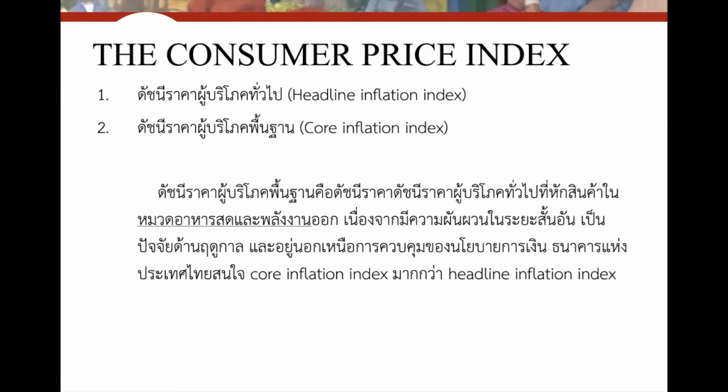The first is food, especially fresh food like meat and vegetables, and then energy. We remove these and we get the core inflation index. So you may distinguish the difference between the two, right? The headline includes everything, and the core removes two categories that fluctuate in the short run.